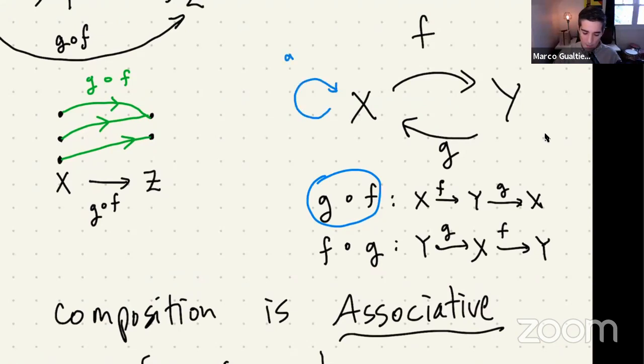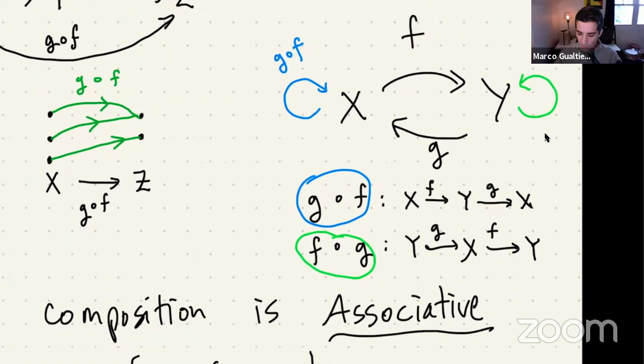G composed F is a map from X to itself, and F composed G is a map from Y to itself.